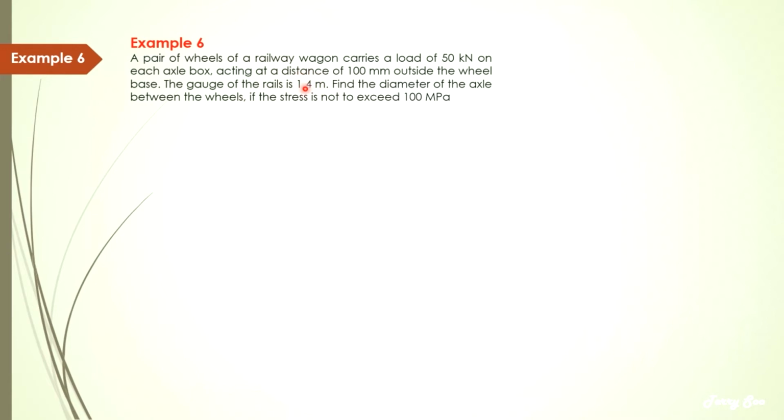So you can consider this as the total length, and this would be the distance at which the supports are, and this would be your point load. Now find the diameter of the axle or the shaft between the wheels, if the stress is not to exceed, so this would be the bending stress, 100 megapascal.